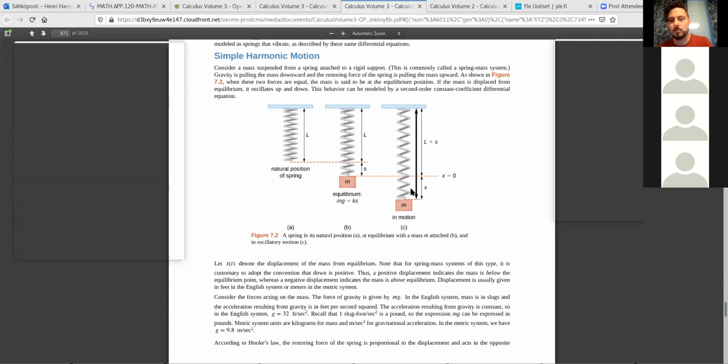And if we have these forces acting on it, there's the force applied by the spring and the force applied by gravity. The force applied by gravity can be thought of as a constant. We can just offset it from the equilibrium. So at this equilibrium point, the force is 0.